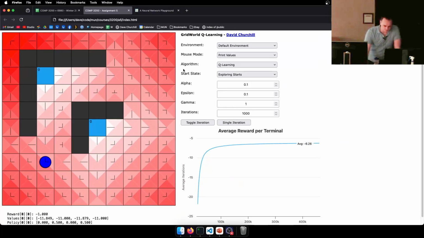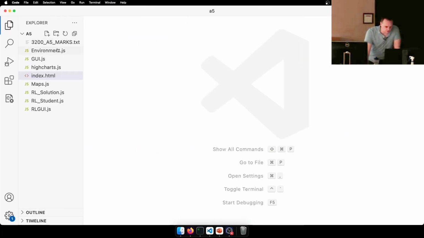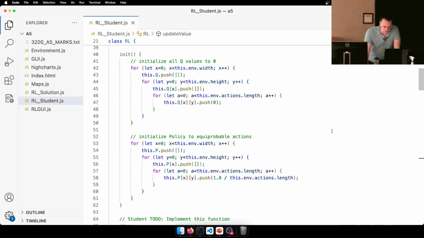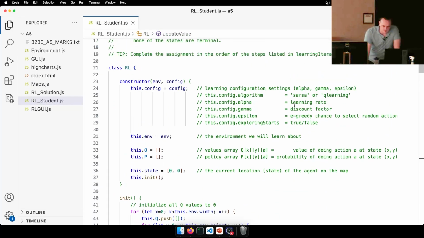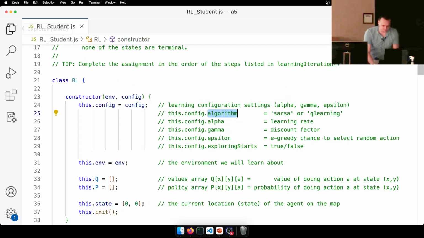And really quickly, the changes to the code are very minor, but I just wanted to go over them. So now we have an algorithm parameter in this config, and it has an exploring starts parameter. The algorithm is either going to be a sarsa or a Q-learning string, and exploring starts is either going to be true or false.